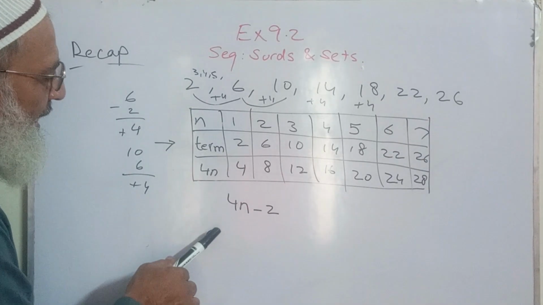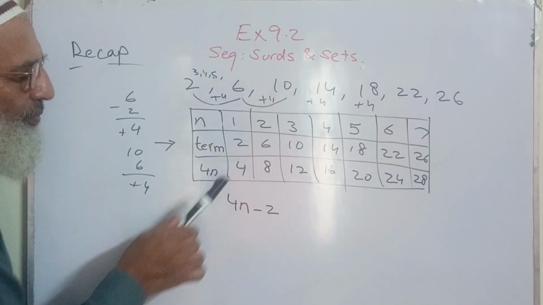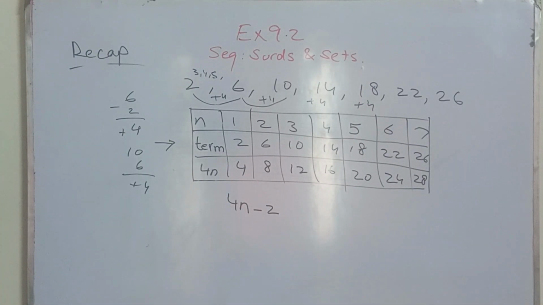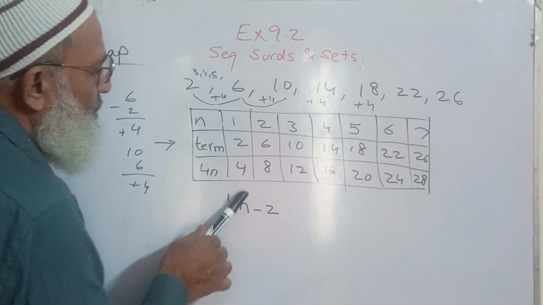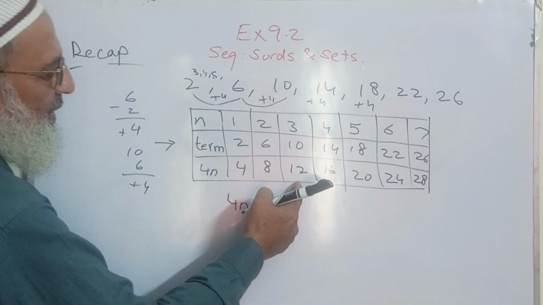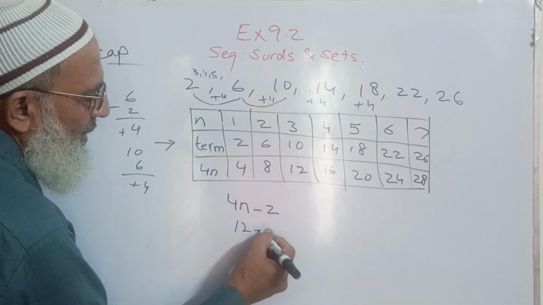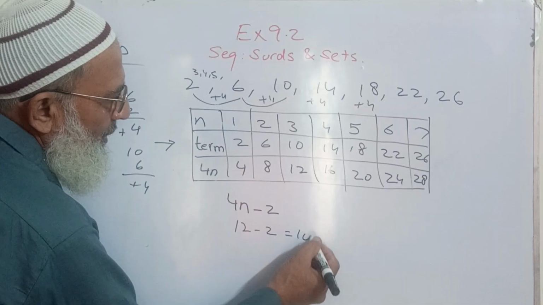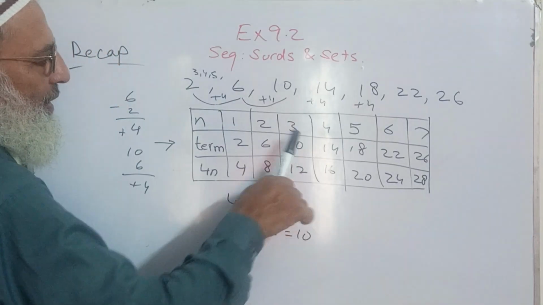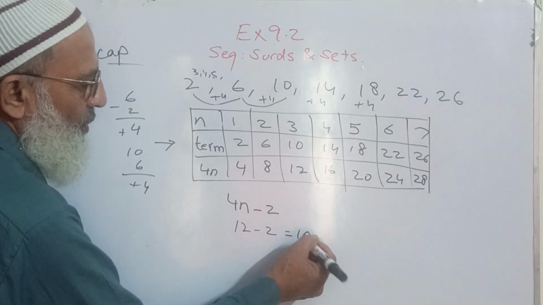That means our actual term is 4n minus 2. So for example, this is our 4n, minus 2 is equal to 10. So you see that we have achieved the actual number over here.